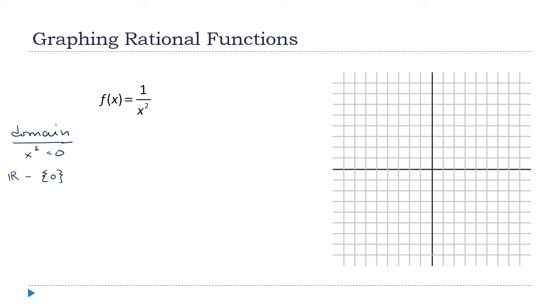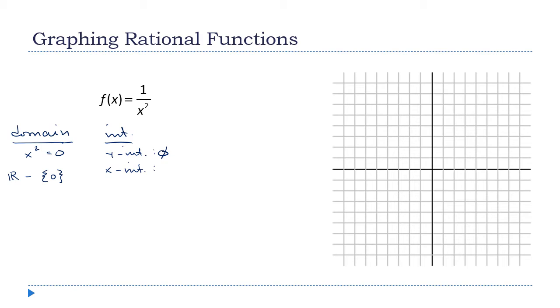Okay, so let's see. How about intercepts? Well, to find the y-intercepts, you set x equal to 0, but I can't. 0 isn't in the domain, so this function doesn't have a y-intercept. And to find the x-intercepts, you set the function itself equal to 0.